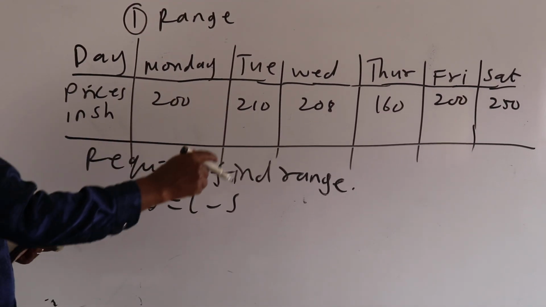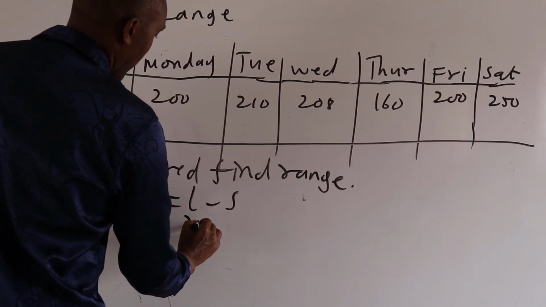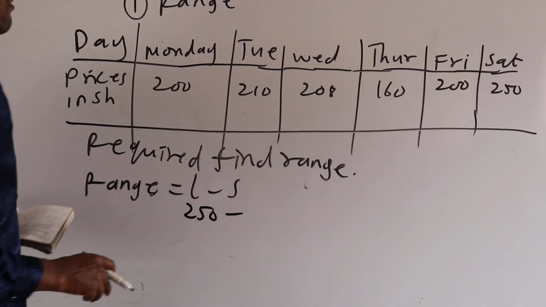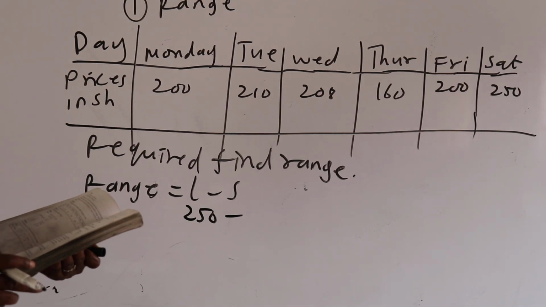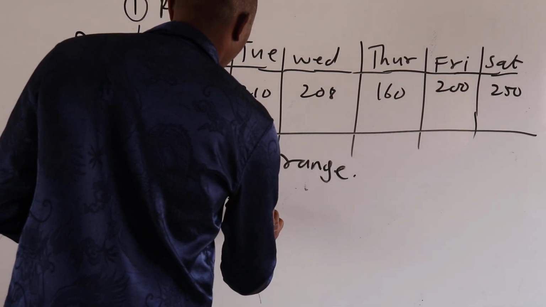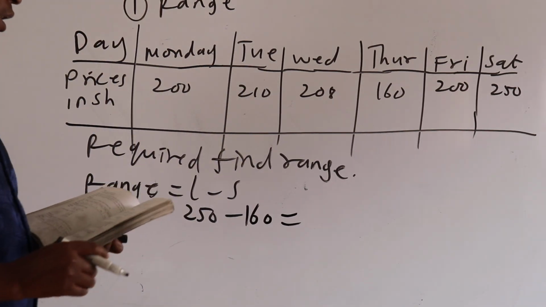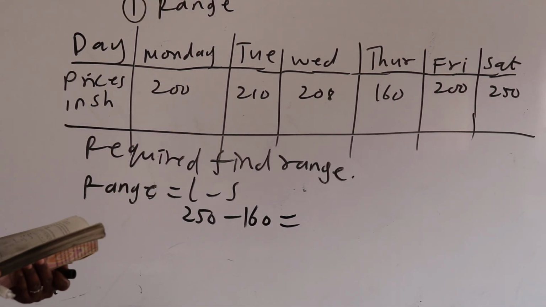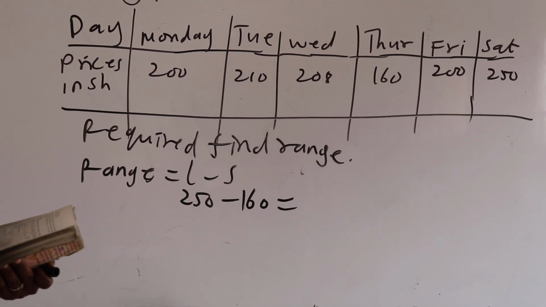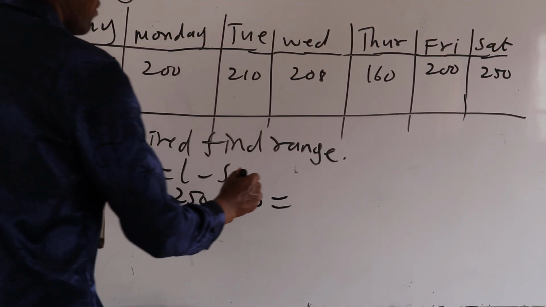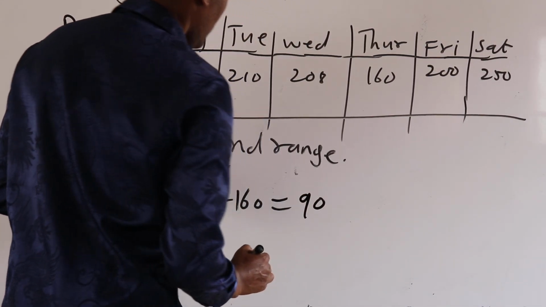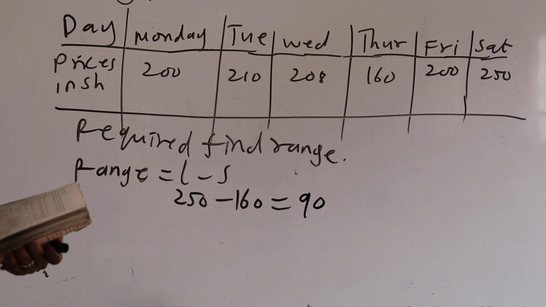The largest value is 250 and the smallest value is 160. When you use your calculator, 250 minus 160 is equal to 90. So 90 is our range.